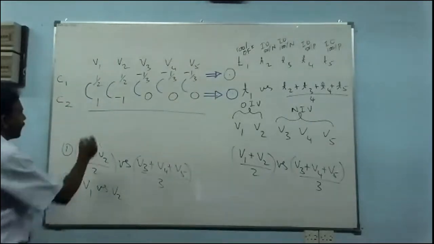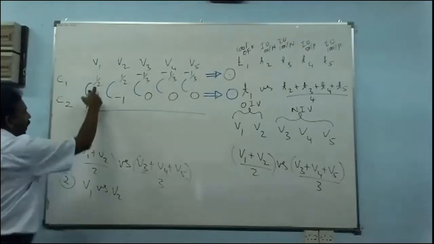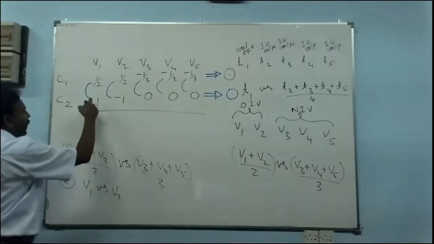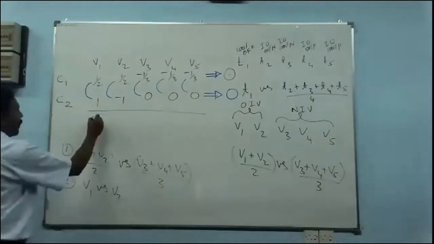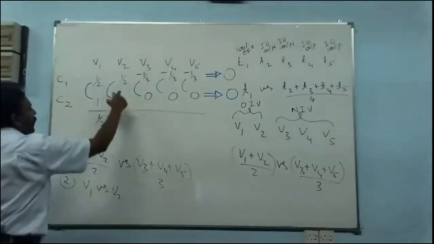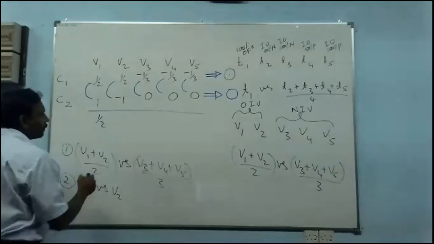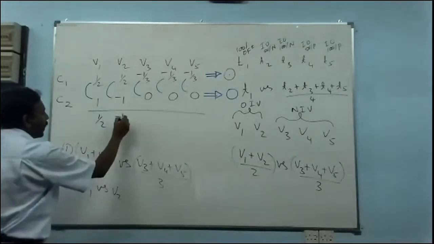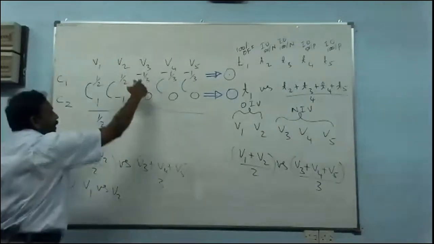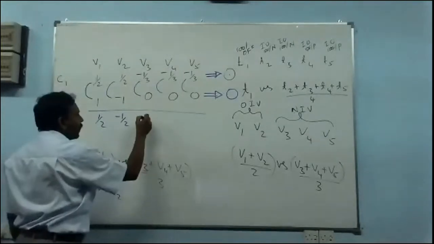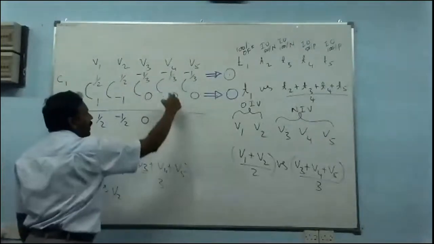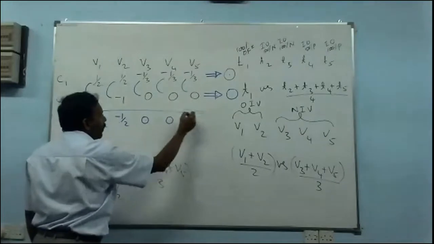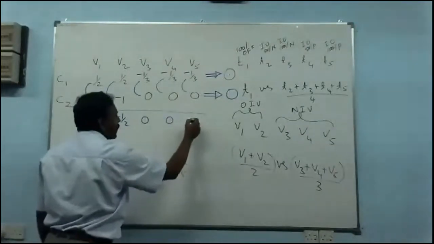Half into 1 is half. Half into minus 1 is minus half. 1/3 into 0 is 0. 1/3 into 0 is again 0.